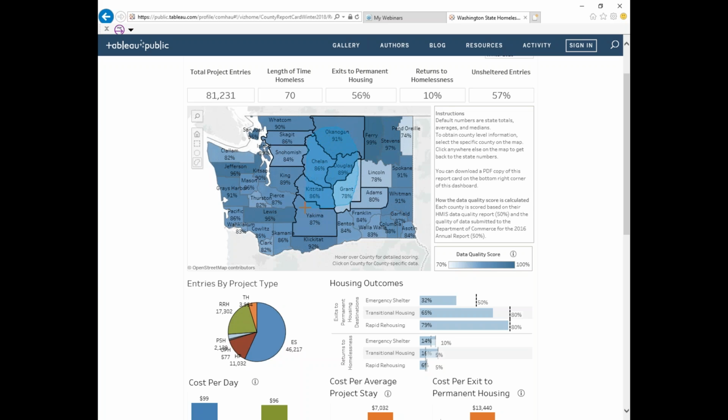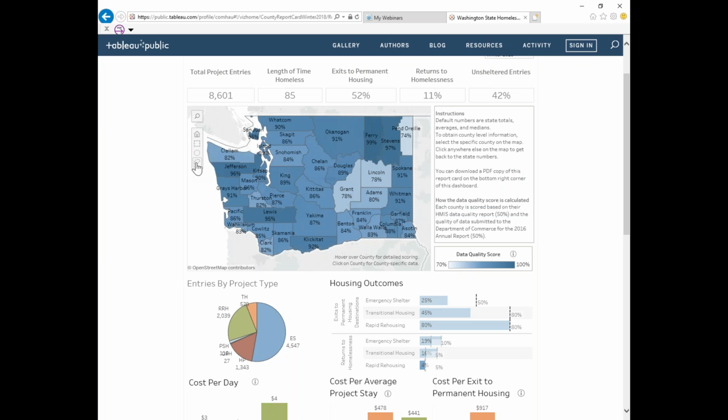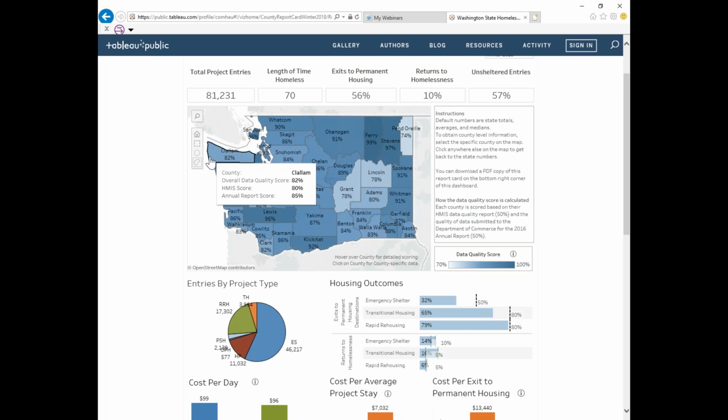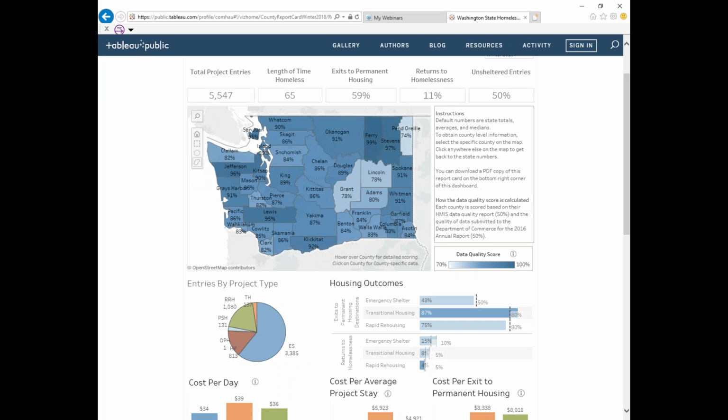So if I just want to look at the coastal communities, that's kind of fun if you want to compare different regions, or if you work in a regional service area and you want to look at it together.